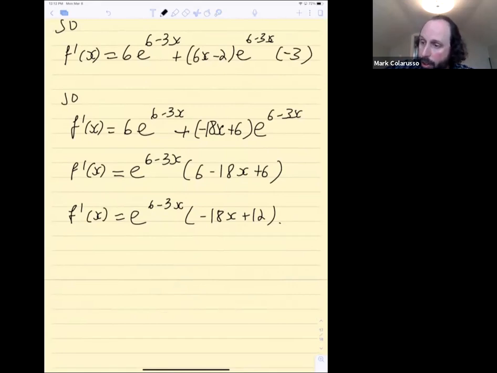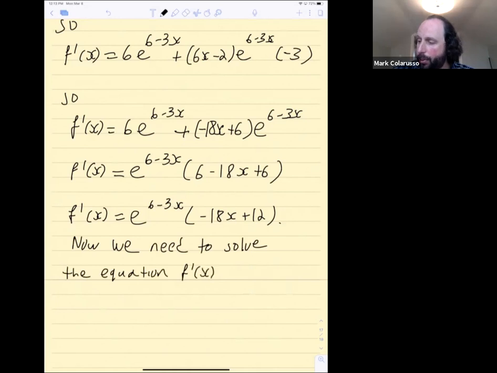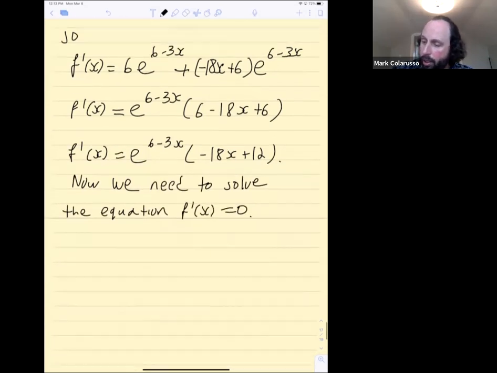So now we need to solve the equation f prime at x equals 0. So 0 equals e to the 6 minus 3x times minus 18x plus 12.